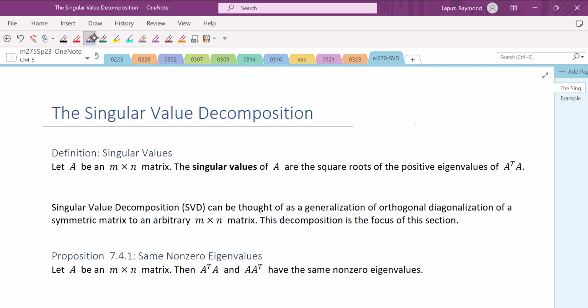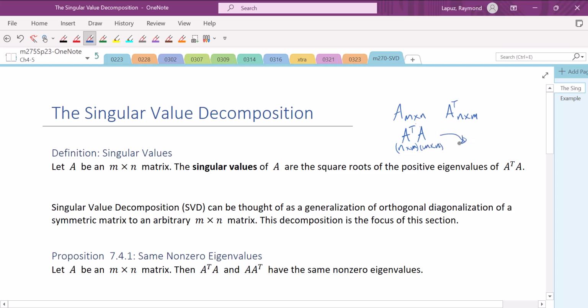A is an m by n matrix, so A transpose is going to be an n by m matrix. So A transpose times A is going to be an n by m matrix times an m by n matrix, which is an n by n matrix. So it's going to be a square matrix.